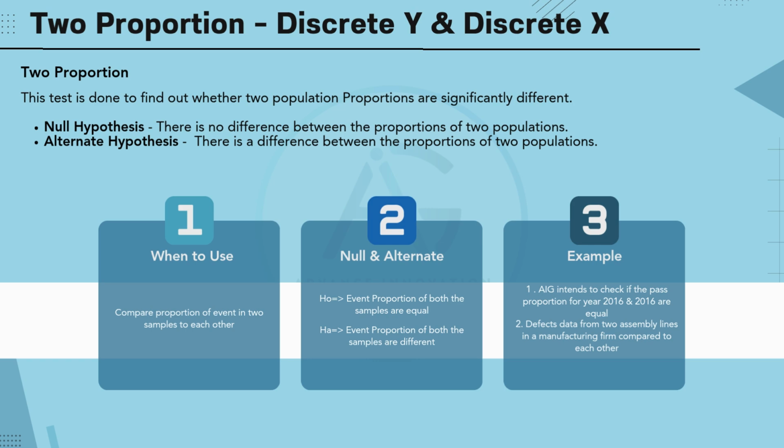Second, you may want to compare the defect rates between two separate assembly lines in a manufacturing process. The two-proportion test is a great tool to objectively verify if performance has changed over time, or if one group is performing significantly better or worse than another.